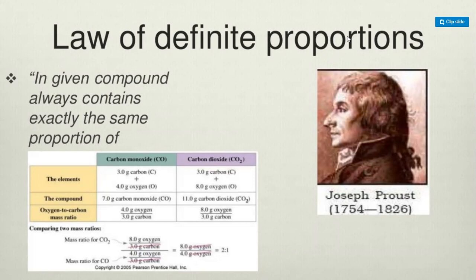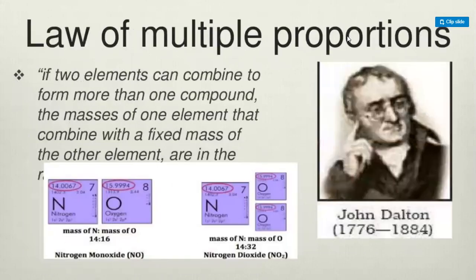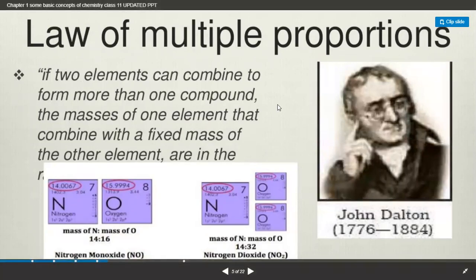This is what Joseph Proust explains, that the combination of elements is in a definite proportion. The next one is the law of multiple proportion. If two elements can combine to form more than one compound, the masses of one element that combine with a fixed mass of the other element are in a specific ratio.